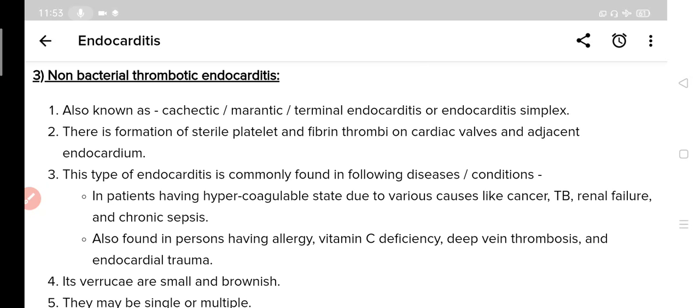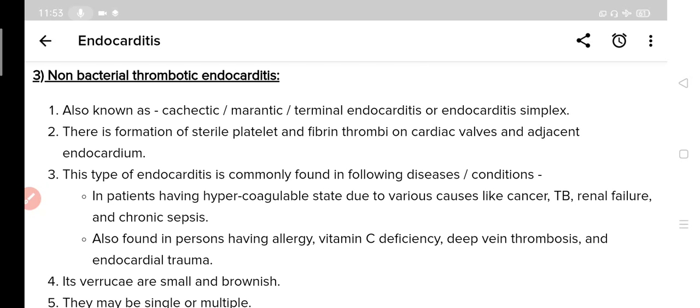So, non-bacterial thrombotic endocarditis, as you can see from the name, is thrombotic endocarditis. So, in this, the growth or vegetation or wart or verrucae are formed by thrombus, and this thrombus is formed by platelet and fibrin.